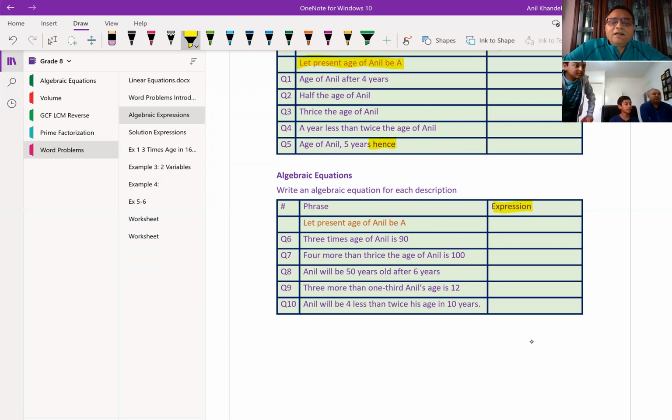Question 10. Anil will be 4 less than twice his age in 10 years. Arab wants to try.